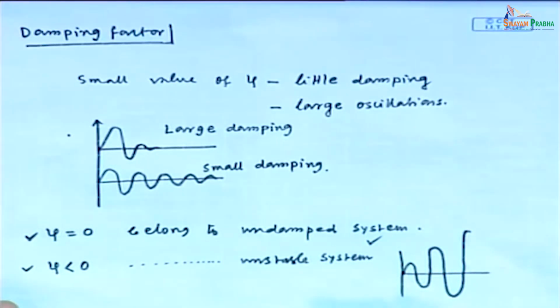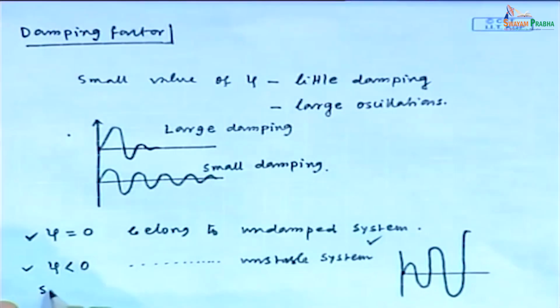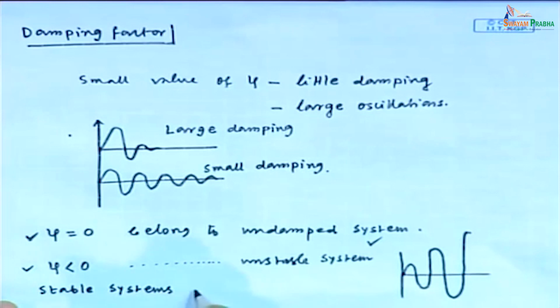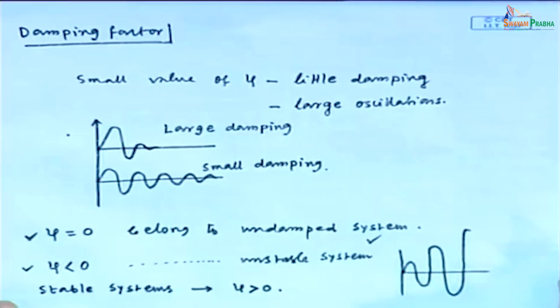Fine. So, for all stable systems, zeta should be greater than 0.